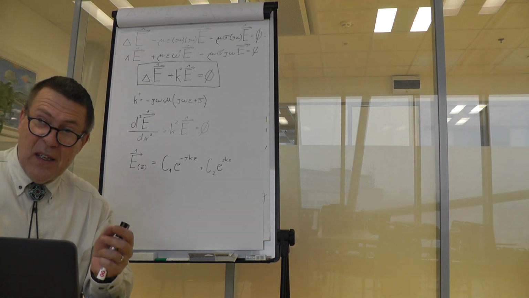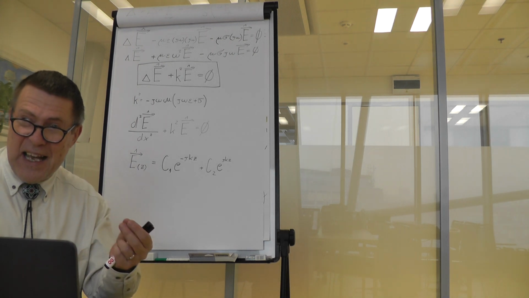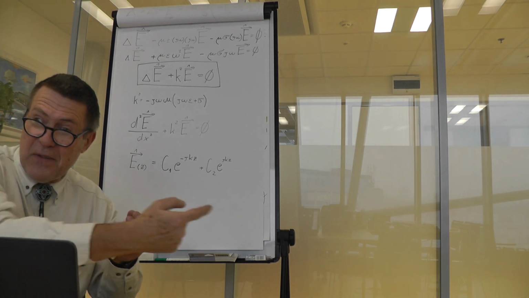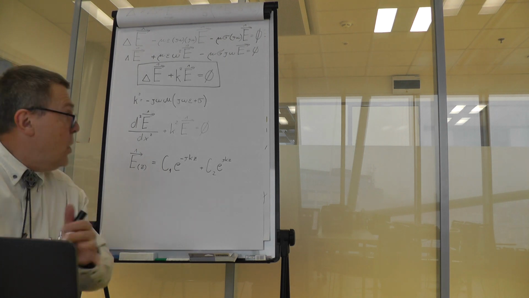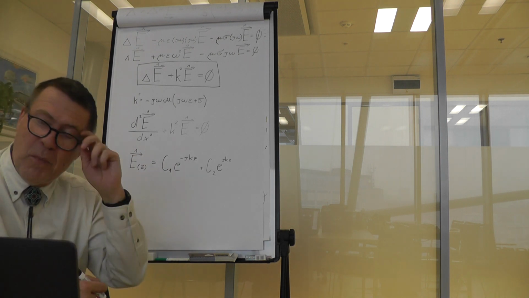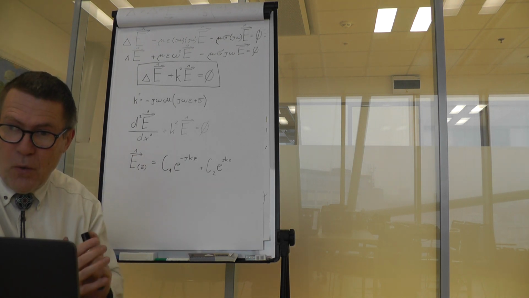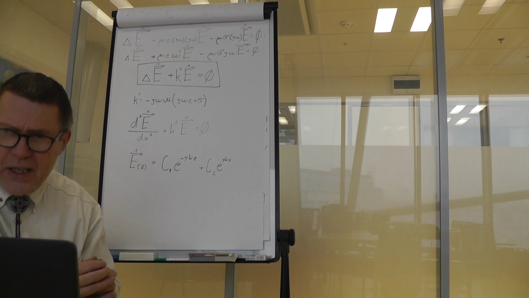Both cases propagate along the z-axis, one in the positive direction, one in the negative direction. So we need two waves, one going forward and one going backward. Now we have to distinguish which is which.